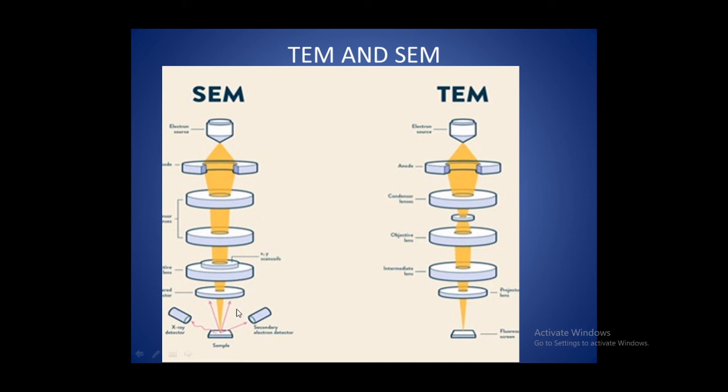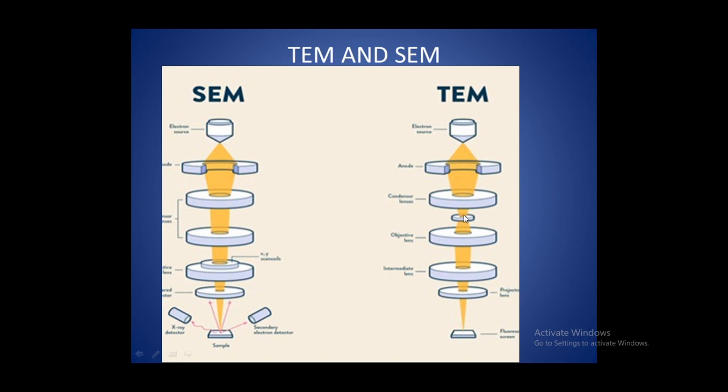So if you see here, if you have the sample at the end, the entire electron beam will focus onto the sample, and the sample will reflect, and the reflected beam will be captured and observed. Whereas in the case of a transmission electron microscope, you have the sample in between, and the beam will transmit, that means it passes through the specimen.